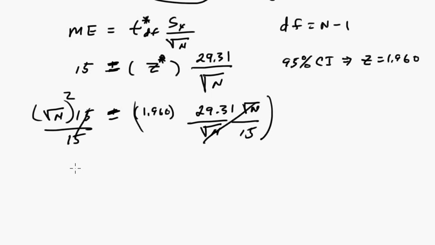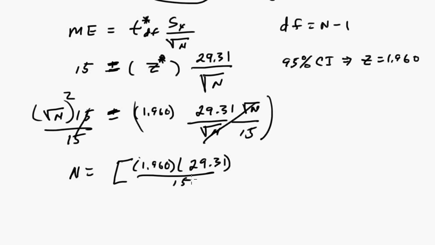So I get n equals 1.960 times 29.31 divided by 15, squared. And if you punch that into your calculator, you're going to get 14.67. So a sample size of 15.